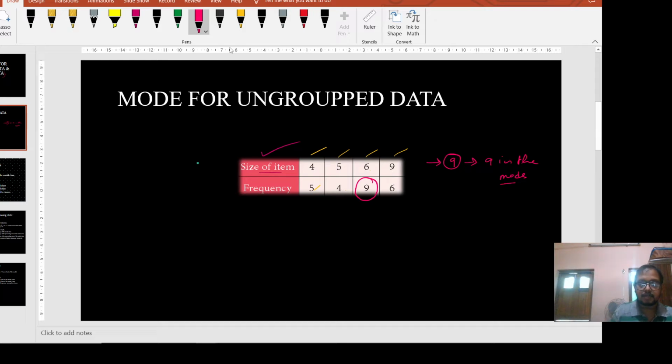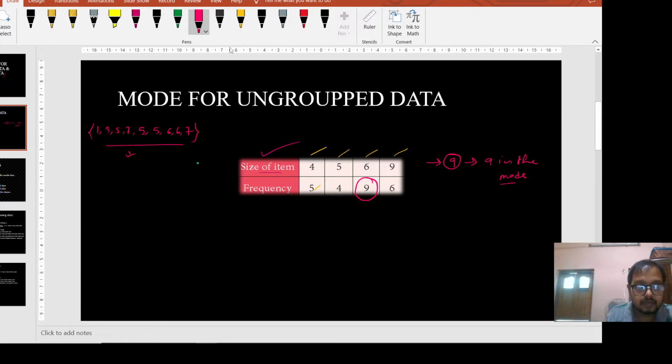Sometimes the data is given in another format. Suppose it is given in this form: 1, 3, 5, 7, 5, 5, 6, 6, 7. How can we find the mode of this data set?